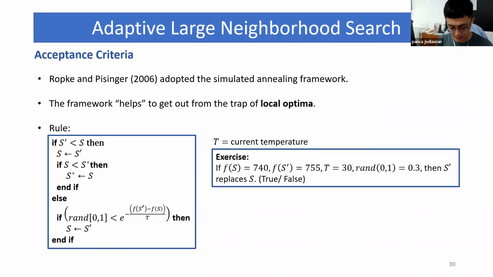Divided by 30. 0.6. I give you the hint. You see the epsilon to the minus 755 minus 750, divided by 30.